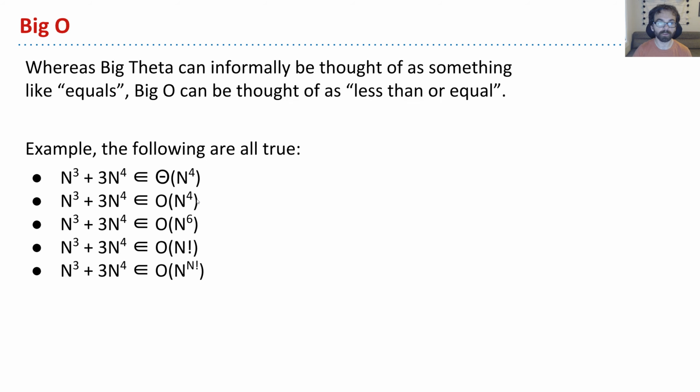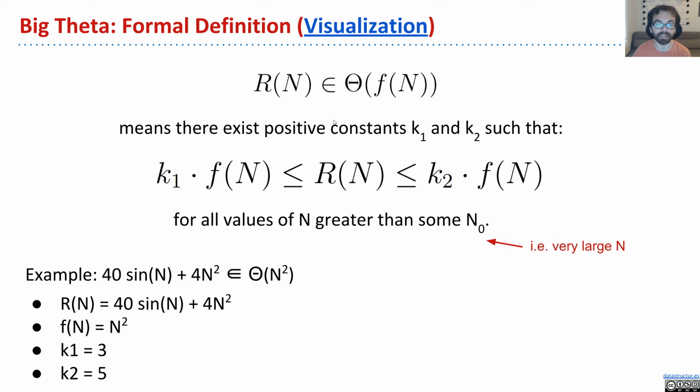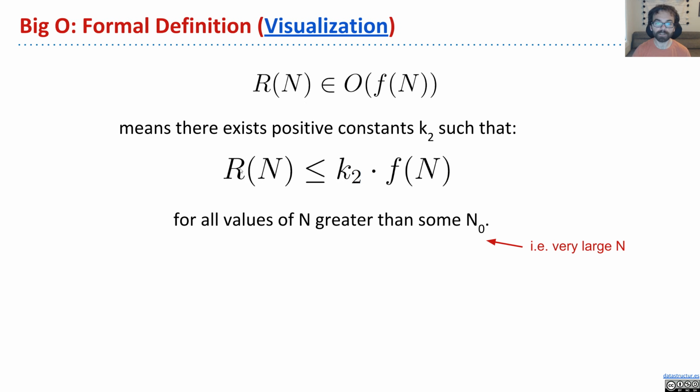Okay? Formally, big theta says that our function can be sandwiched between a smaller version of f and a larger version of f in order to be big theta f. For big O, we just omit that lower bound. So we say that it's smaller than some scaled up version of the function f.